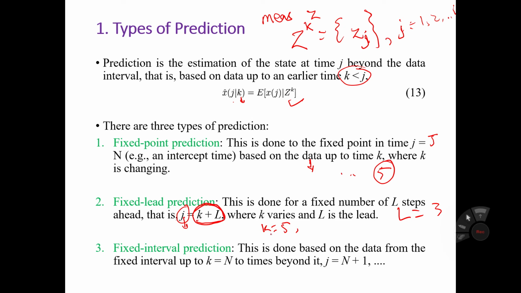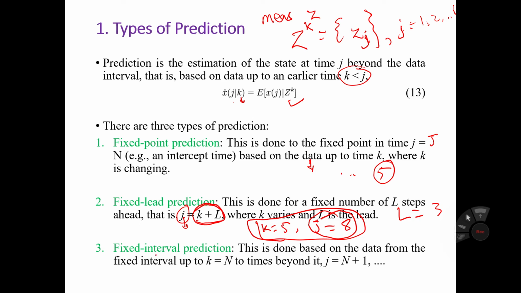Like if k is 5, then j equals k plus 3, 5 plus 3 is 8. So here the lead, which equals 3, is leading the kth scan at j. So here you are finding the prediction at the leading point, given that you already know the measurement up to 5 scans.